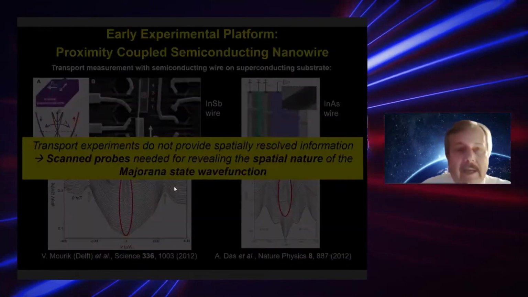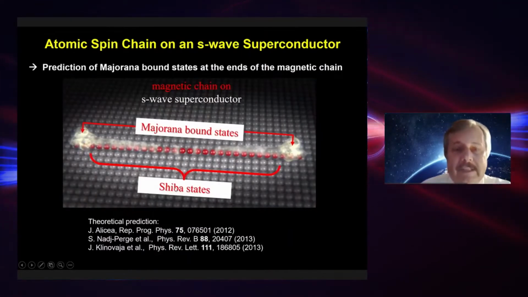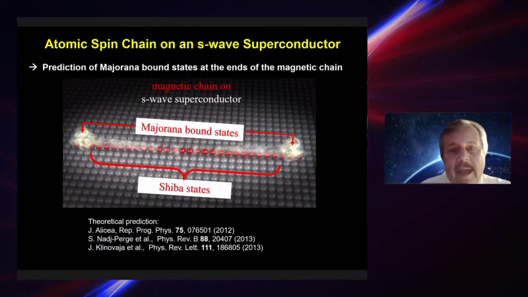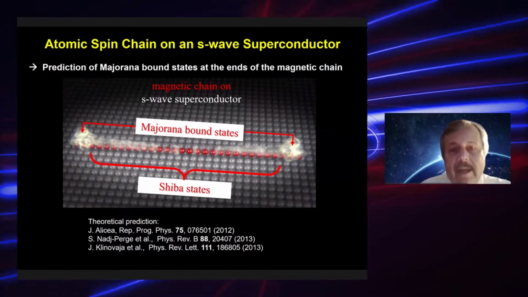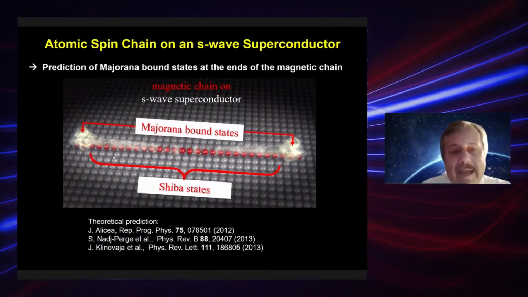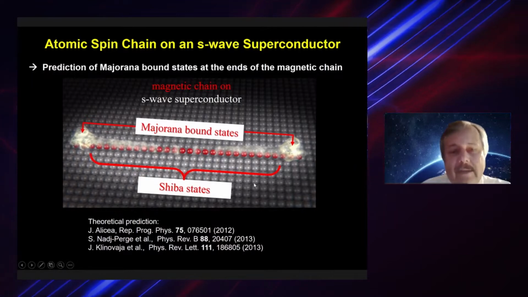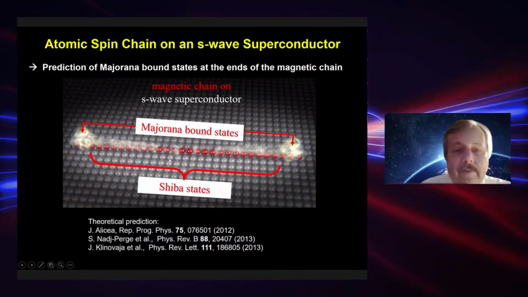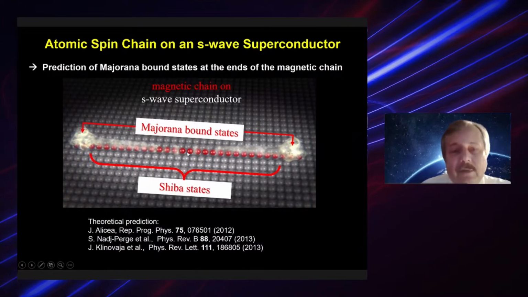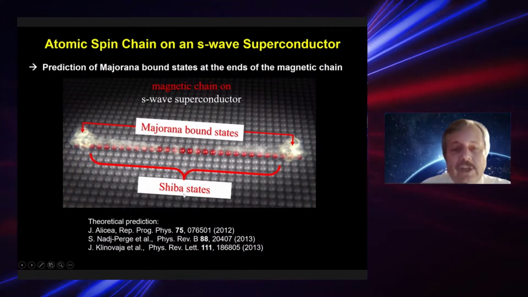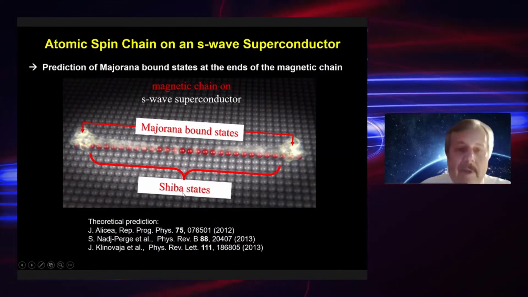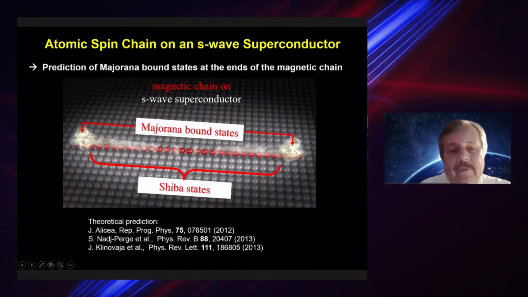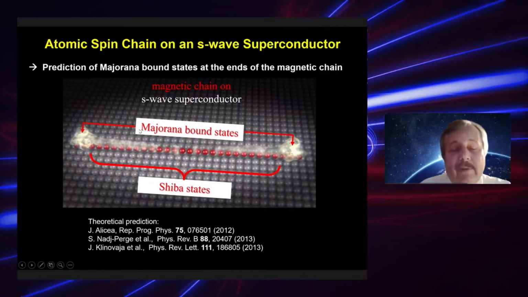Here I would like now to introduce the second platform, and especially this is the platform which I'm going to focus on in this talk, because this is a conference on magnetism and superconductivity. Indeed, if we create hybrid systems of a magnetic atom chain interacting with an elementary or other kind of S-wave superconductor, then we can get not only the trivial bound states induced by the magnetic impurities, the so-called Shiba states or Shiba Rusinov states, but under special conditions, we also can get at the end of those chains the emergence of so-called Majorana bound states.